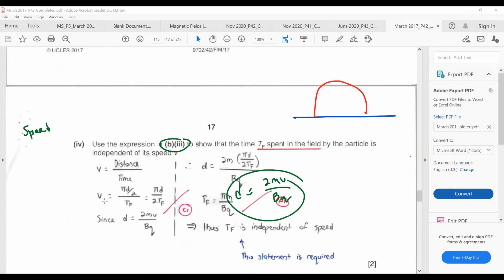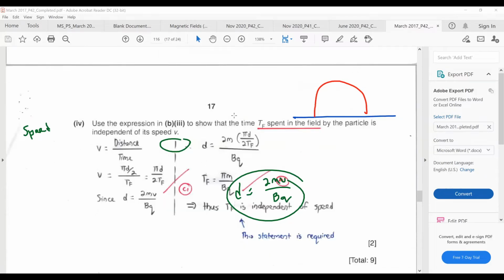So what you can do is relate the distance moved with your speed v. The expression in B3 was talking about the diameter d.